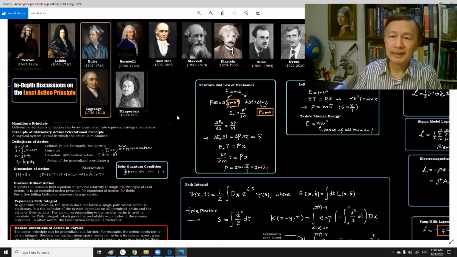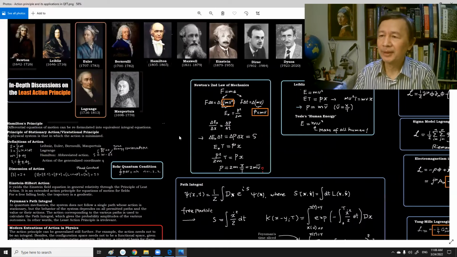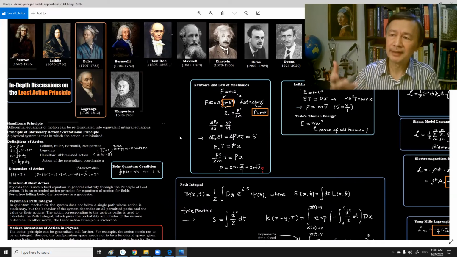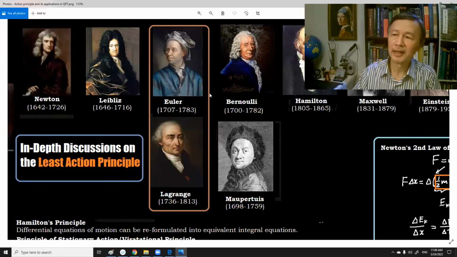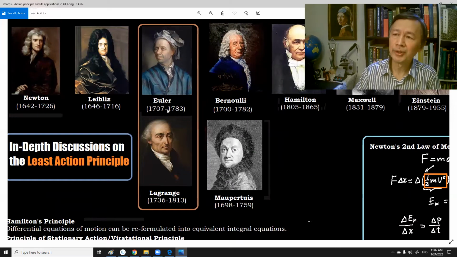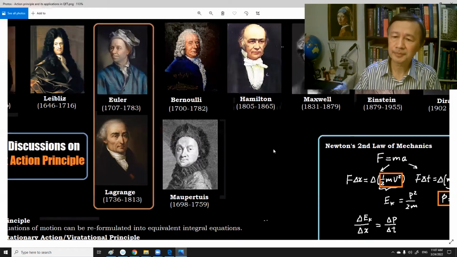Now, these are some of the key physicists and mathematicians behind this least action principle. Among them is, of course, Isaac Newton, his rival Leibniz, followed by Euler and his student Lagrange.